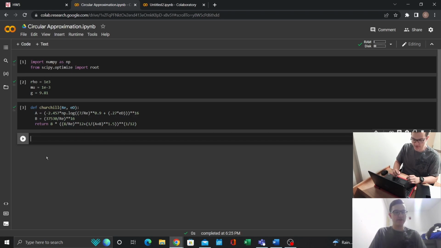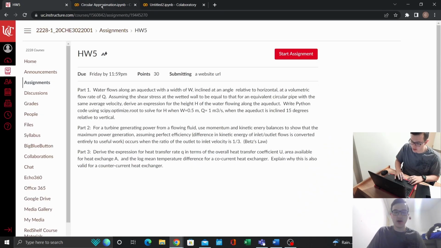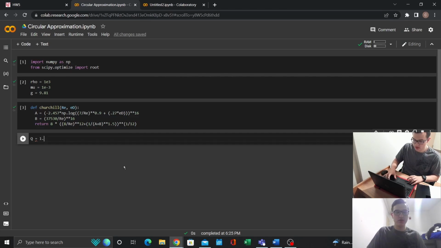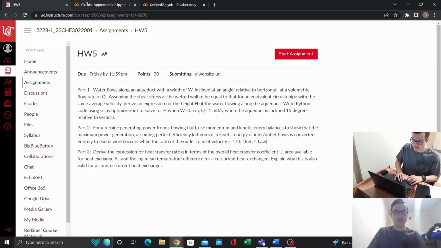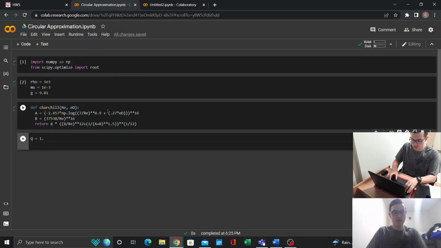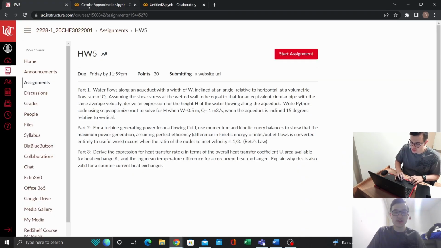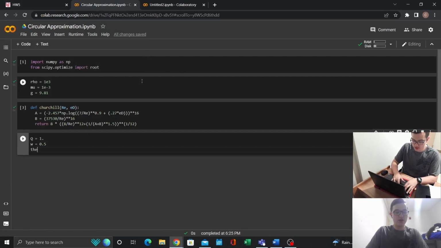So, per the homework, we have a volumetric flow rate Q of 1 cubic meter per second. We have a width of 0.5 meters, and then theta equals 15 degrees.